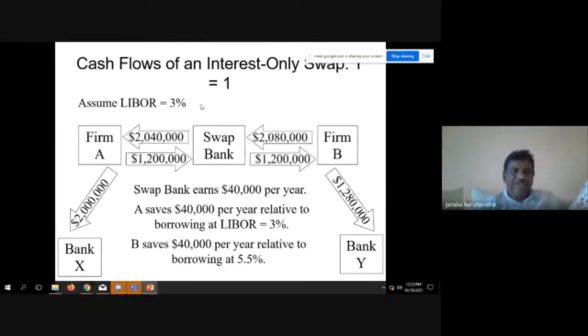So 5% of 40 million is 2 million. And it receives LIBOR. What is the LIBOR rate? 3% on 40 million is 1.2 million.